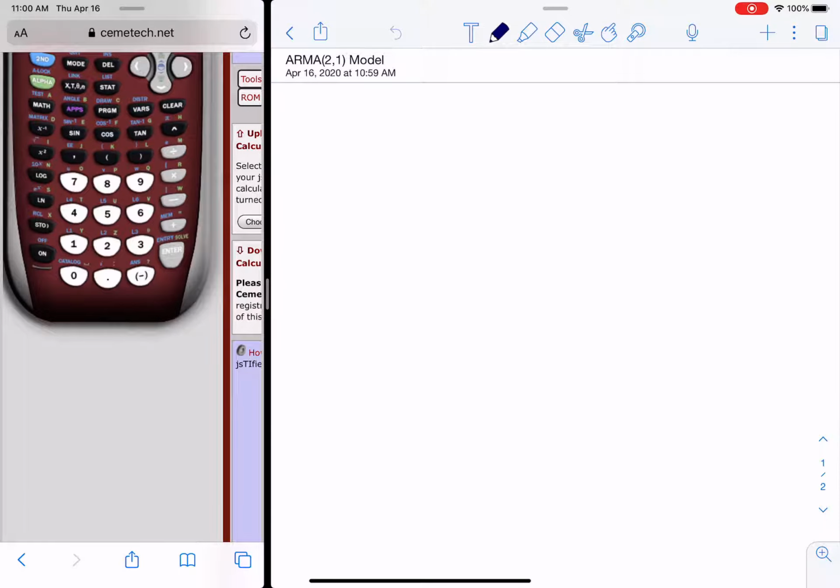Here we're going to look at an ARMA(2,1) model, in the sense that it has an AR part of order 2 and an MA part of order 1.